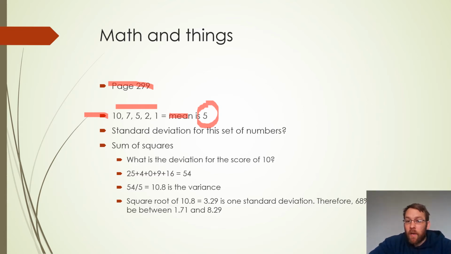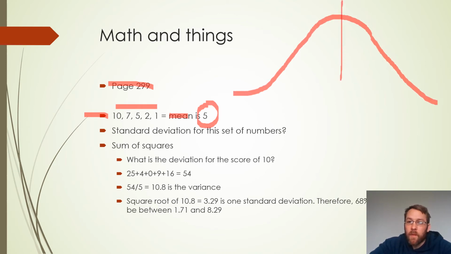Now what we want to do is figure out the standard deviation for this set of numbers. When I plot this set of numbers on a bell curve, my mean is 5. How close are all of these numbers to 5 with regard to standard deviations? In order to do that, we use a function known as the sum of the squares.